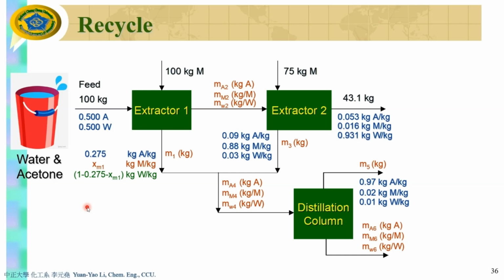So before we use a distillation column, we need to use another process called liquid extraction. We introduce MIBK into the extractor.